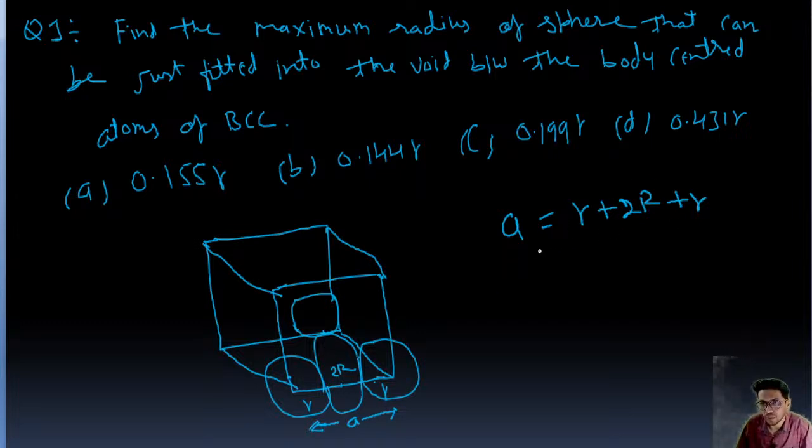So from here we can get the value of r, which is a very simple calculation: r equals a by 2 minus R, where R is the radius of the body centered atoms.